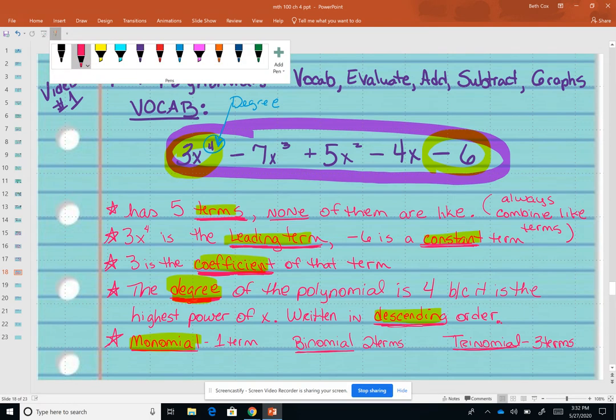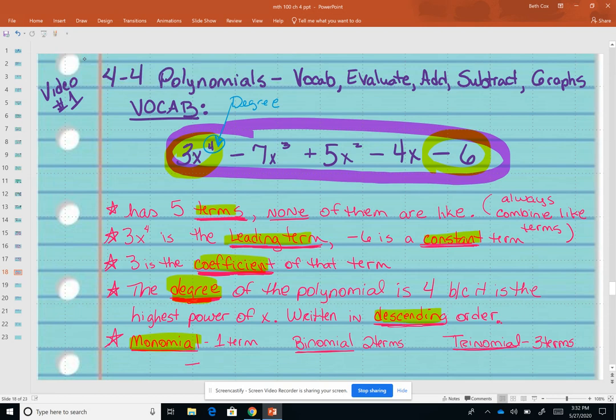So you could have a polynomial with just 1 term, say -3x to the 6th. That's a monomial because it just has 1 term. If I had something like xy, that's also a polynomial with 1 term, so that would be a monomial.